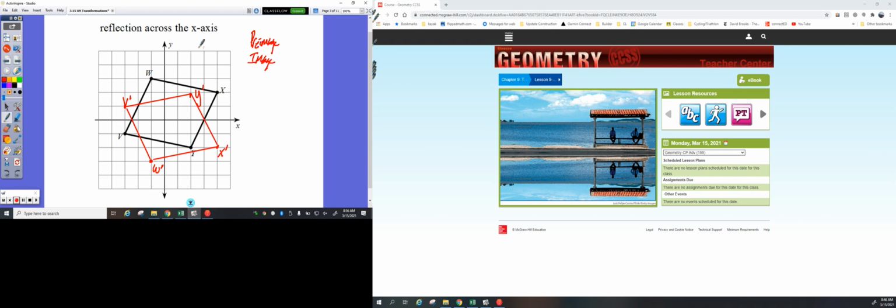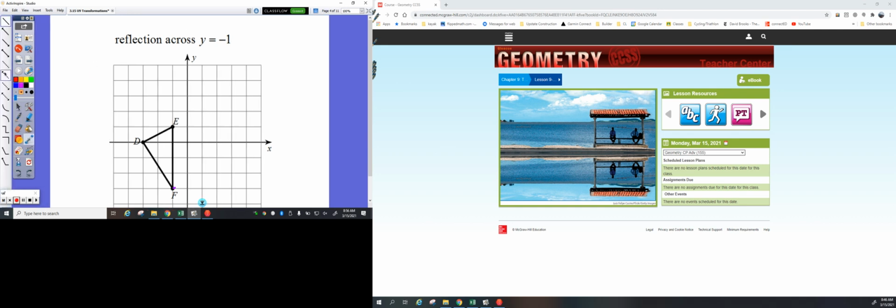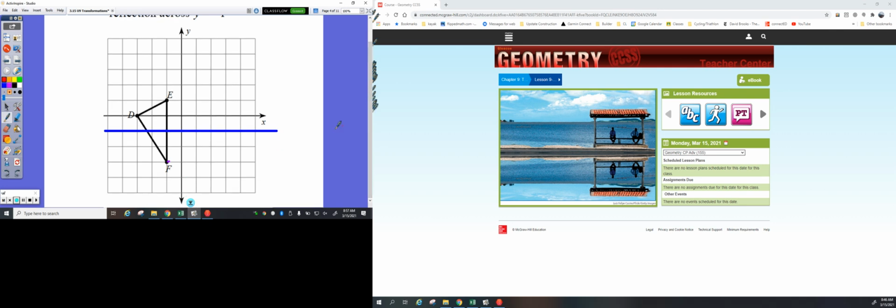Okay? So if you have a point sitting out here somewhere, and this thing doesn't look the same, then you need to go back and look at your points again. So the more difficult part to this is, where is this line right here? And you're going to have to draw this line on the graph. Now, y equals -1, that is a horizontal line through y equals -1. So this is now my line of reflection, not the x-axis like before. So then we do the same thing that we did before.